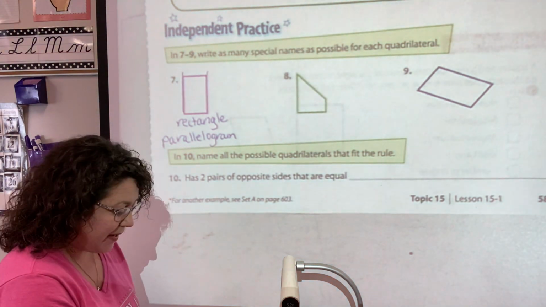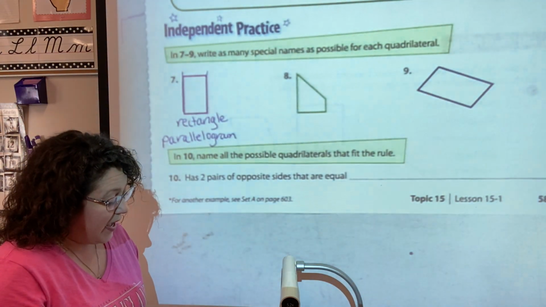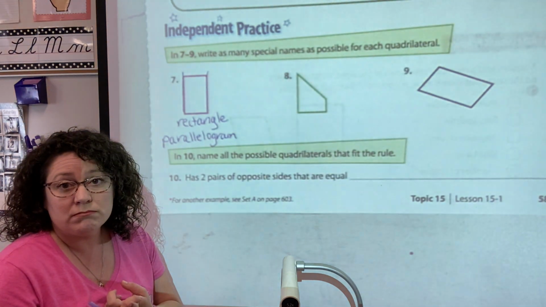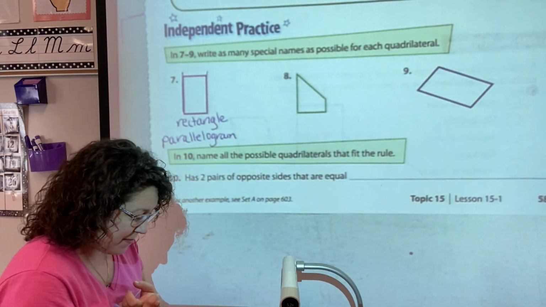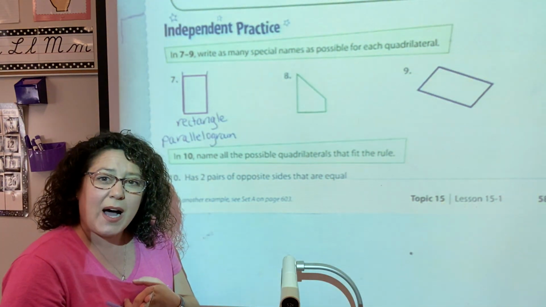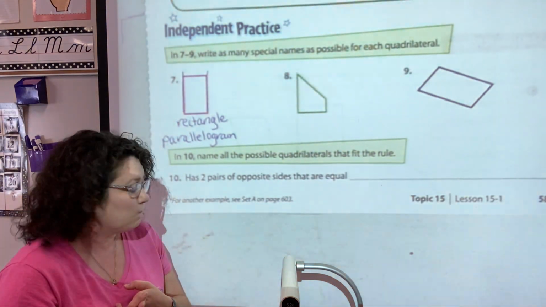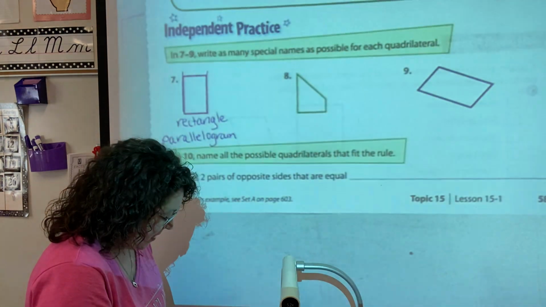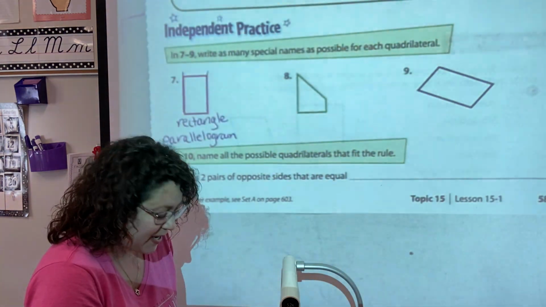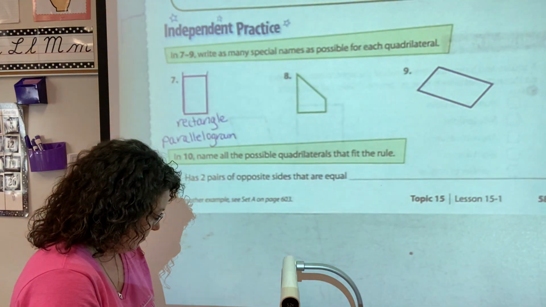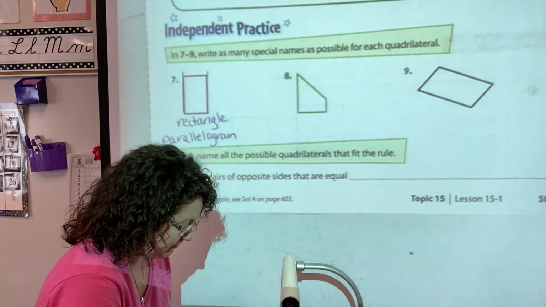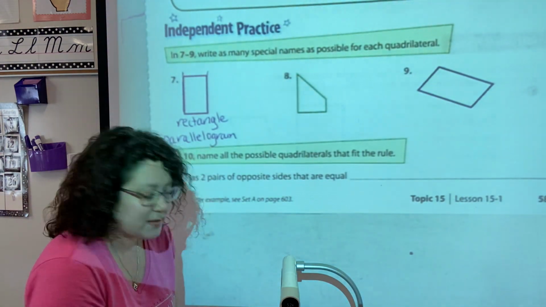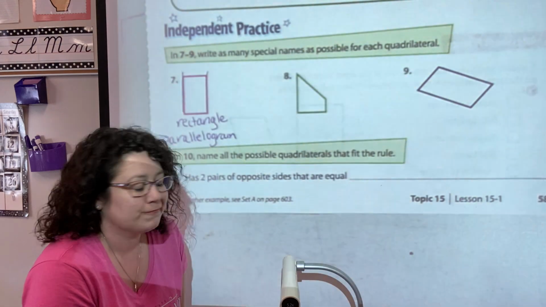Okay, look at number 8. Square, all sides are not the same. Rectangle, opposite sides the same? Nope, they are not the same. Parallelogram, opposite sides the same? Nope, they're all different. Rhombus, all sides the same?